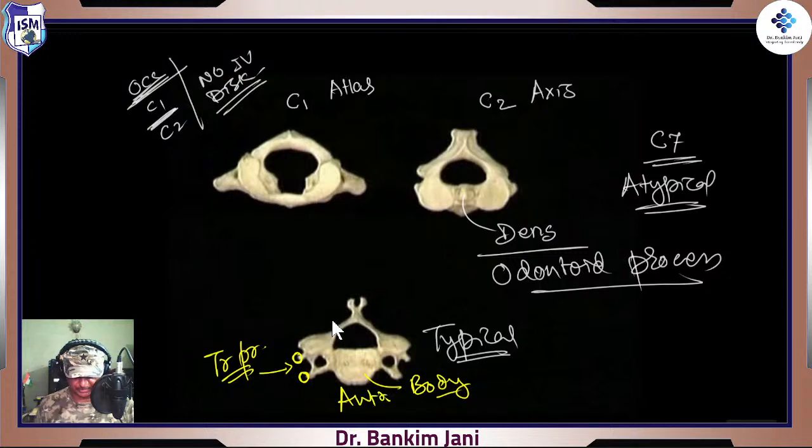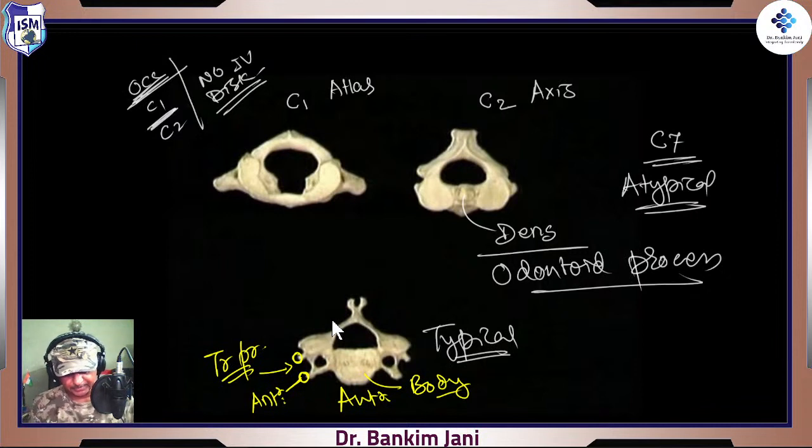So if the body is anterior, that means this particular one is the anterior tubercle of transverse process. Why am I repeating? Because we'll be talking about this anterior tubercle, posterior tubercle of transverse process extensively during the discussion of our muscles. So I'm just creating the base so that there is no confusion.